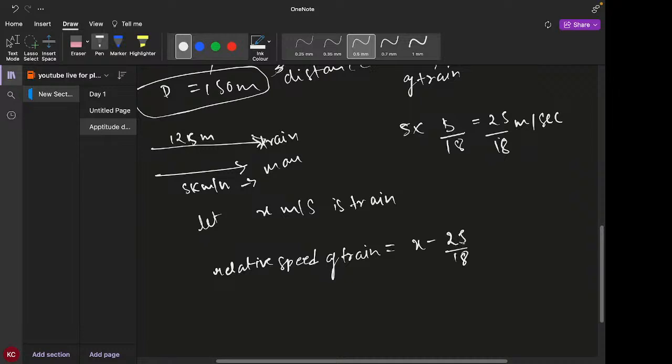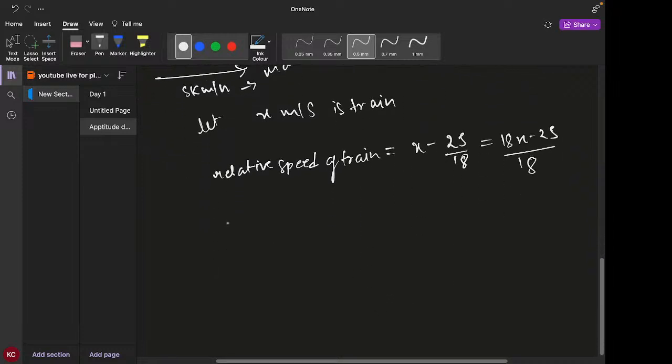So if I convert it... No, I have to. Okay, let me do it. It is equal to 18x minus 25 upon 18. The total distance travelled by the train is equal to its length divided by its relative speed.